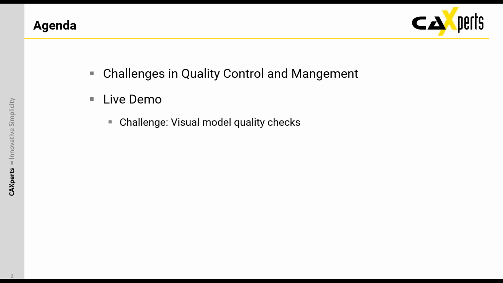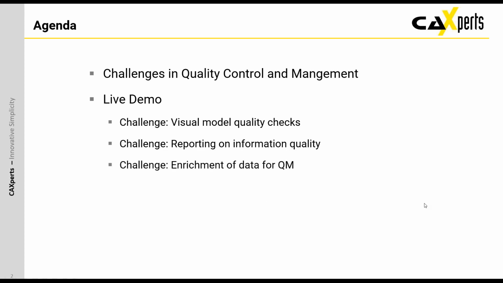So in our live demo, we'll actually have a look at the challenge: how can we do visual model quality checks? How can we actually report on information quality and utilize reports? And how can we enrich data that we can use for quality management and planning?